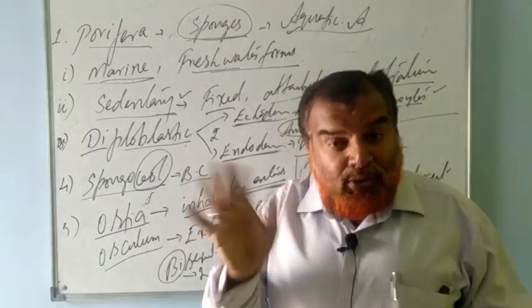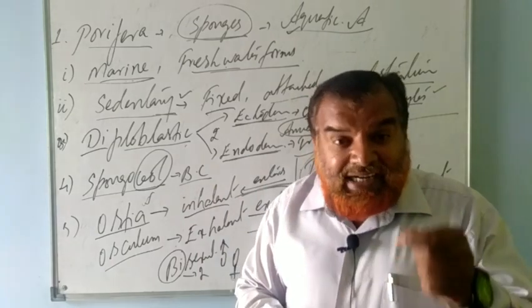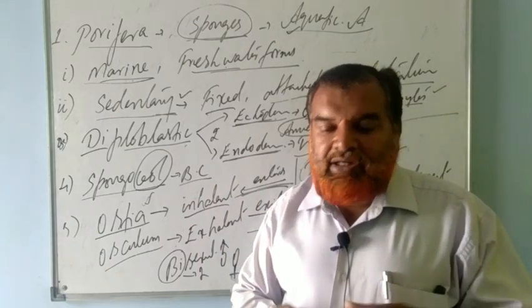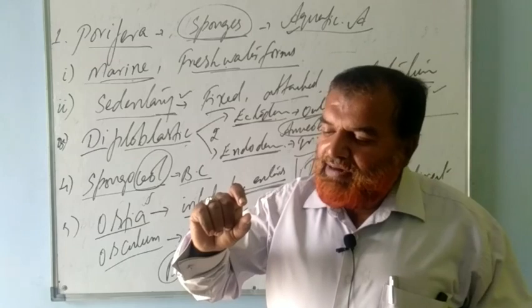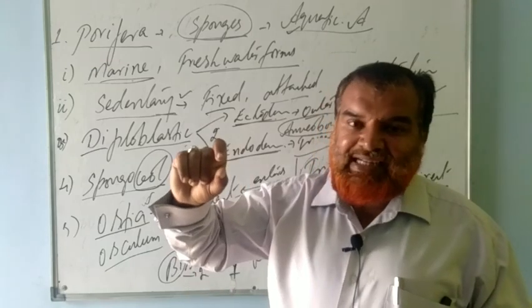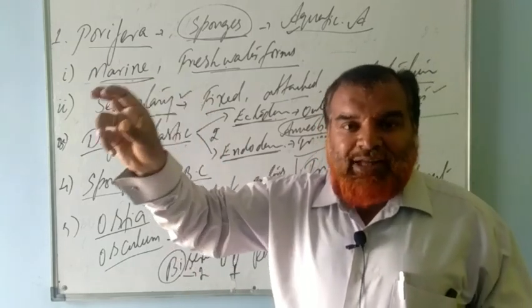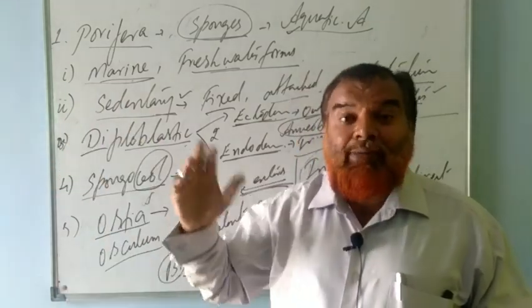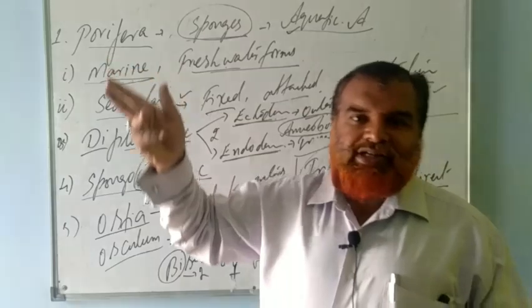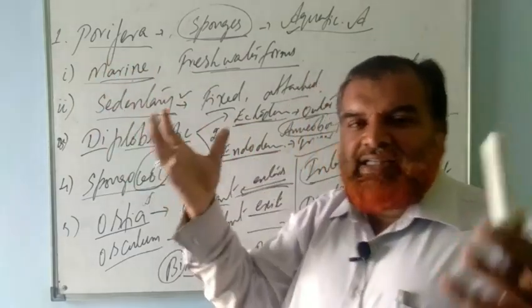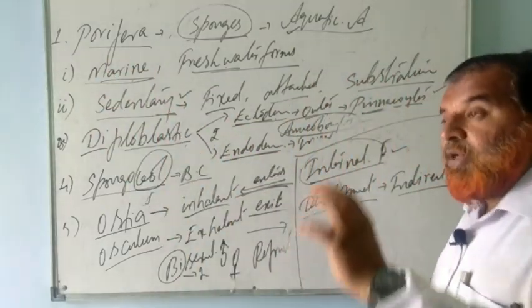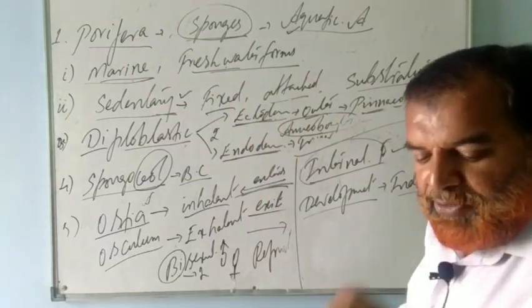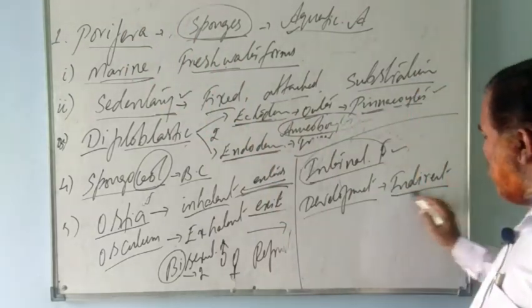Development is direct, with no larval stages. Whereas indirect development has larval stages: first larva, second larva, third larva, then the pupa, then the adult. After many shapes, metamorphosis, and acquiring characters, the animal looks like the adult animal. Such a process of development is known as indirect development.